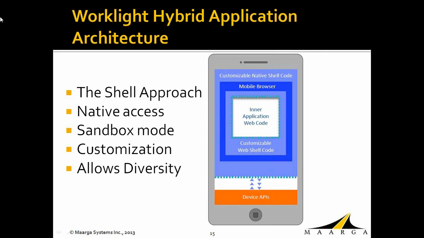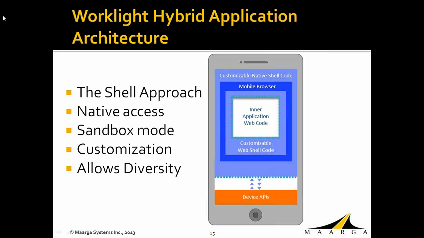The outer shell can be customized. You can have different shells for different trust levels, different authentication types, different departments. You can create a variety of shells, each of which will carry different branding, and these shells will force the inner applications running within the shell to automatically comply with the parameters of the shell.